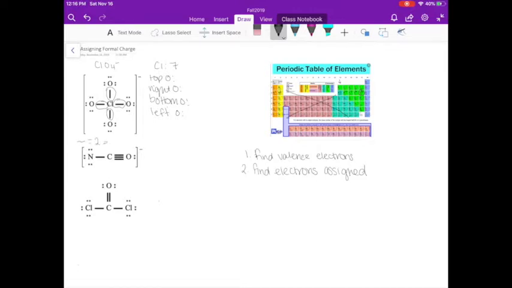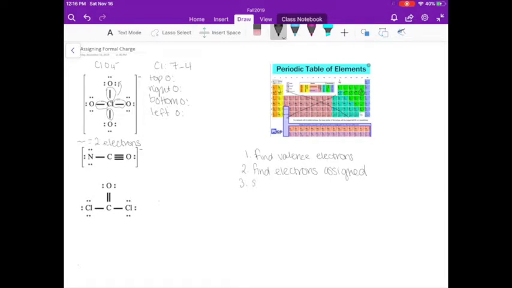Each of these bonds represents 2 electrons. So that would give us a total of 8 electrons for chlorine, except each of these bonds is shared with one of these oxygens. Since they're shared electrons, we're only going to assign 1 electron from each bond towards chlorine. So that is going to give us a total of 4 electrons assigned to chlorine.